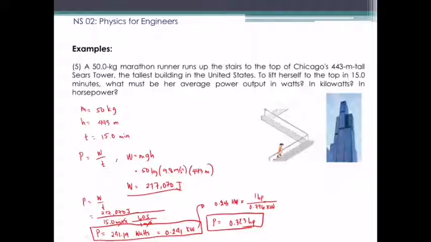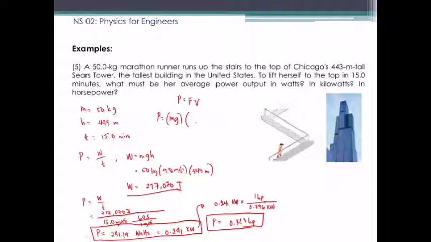Okay. Now, we can also make use of another formula, class. We have the formula for power, F times the velocity. So, our F here is due to the weight. Force due to the weight is mass times gravitational acceleration, and then our velocity is the displacement over time.